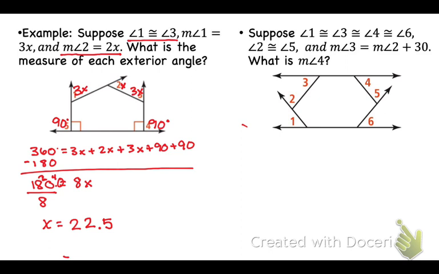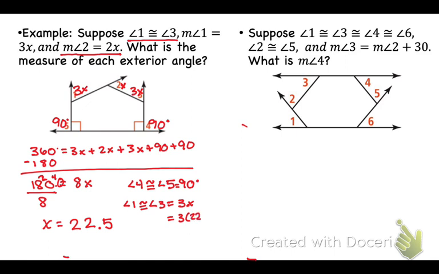Does that tell me all the angles? No. But I did know that angle 4 was congruent to angle 5, and they were both 90. And I do know that angle 1 is congruent to angle 3, which is 3 times x. What's x? 22.5.